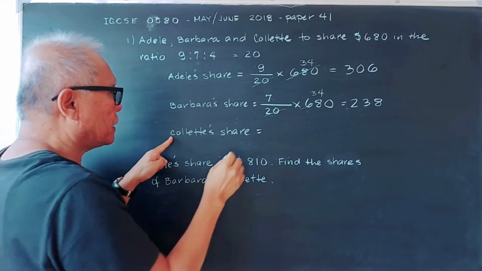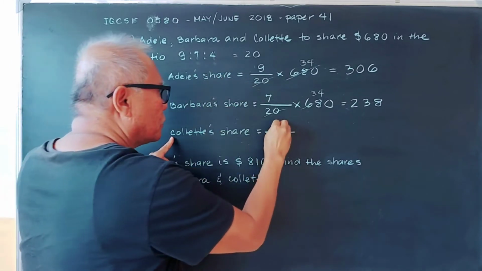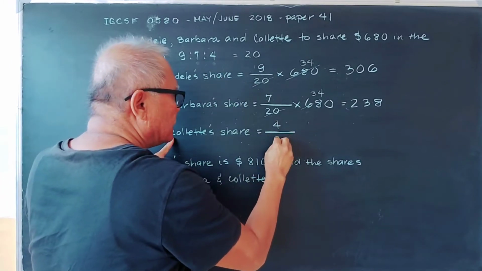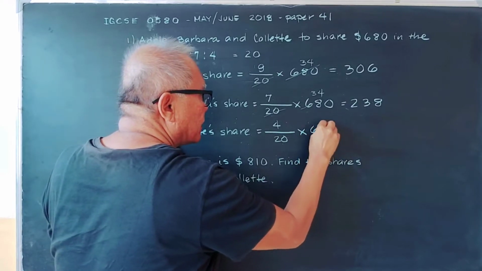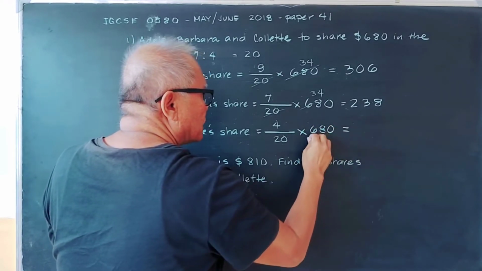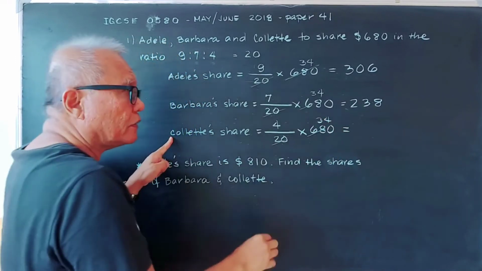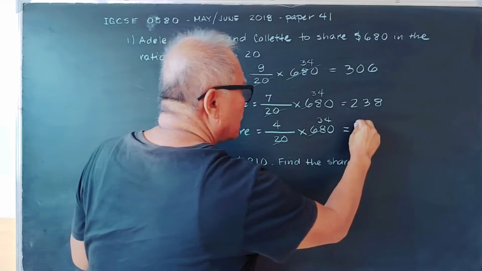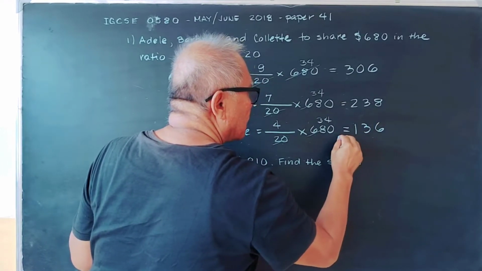For Colette's share, Colette is 4 out of 20 times the total, 680. If you divide first, you have 34, and 4 times 34 gives you $136.